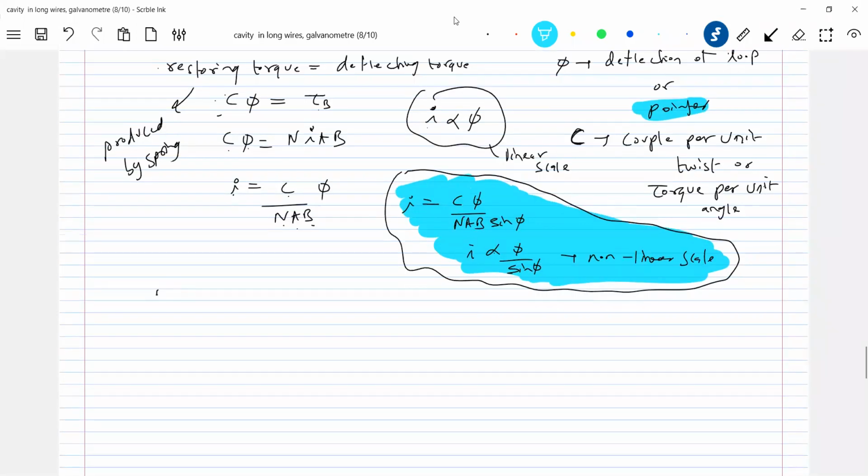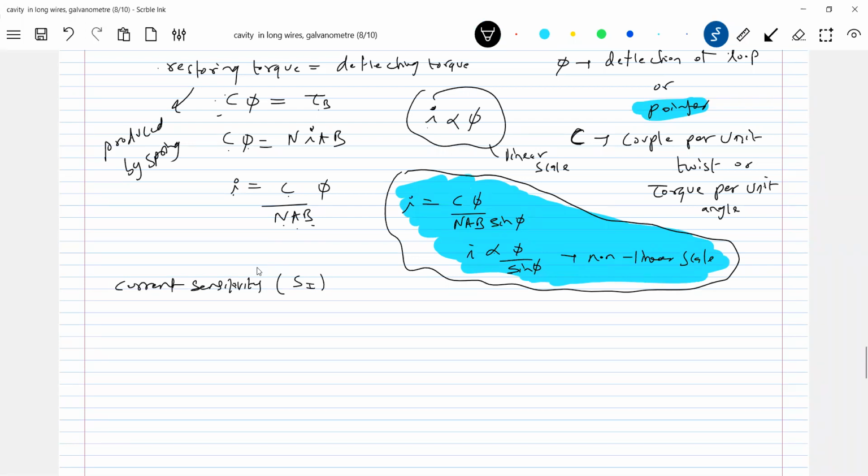Okay, finally, we are now in a better position. Now I want this galvanometer to be more sensitive. What do you mean by sensitive? Sensitivity of galvanometer. Current sensitivity, I'll write it SI. There's no specific symbol, let me write SI.